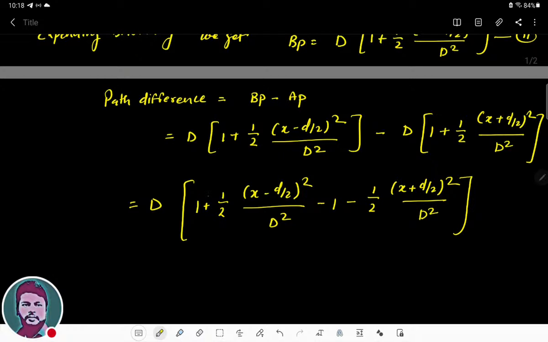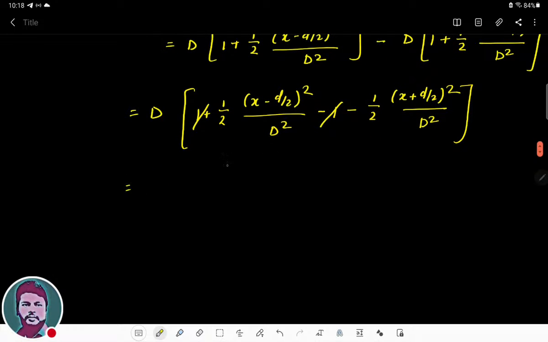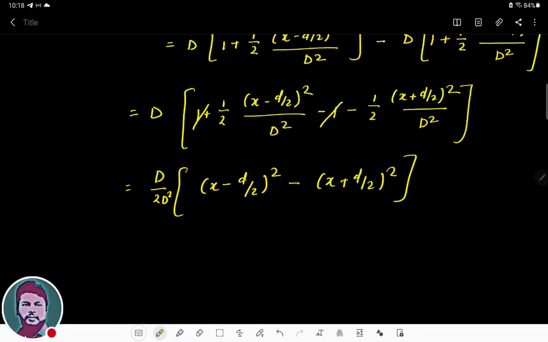As we know, 1 plus and 1 minus will cancel each other, and we have 1 by 2 as common, so it becomes d by 2d square, and inside it becomes x minus d by 2 square minus x plus d by 2 square.